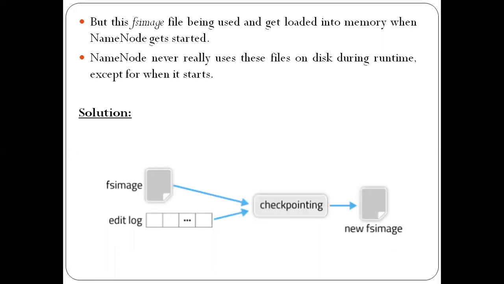But this fs image file is used and get loaded into main memory when name node gets started. Name node never use these files from the hard disk during the runtime. During runtime, this image file is used only from the main memory.